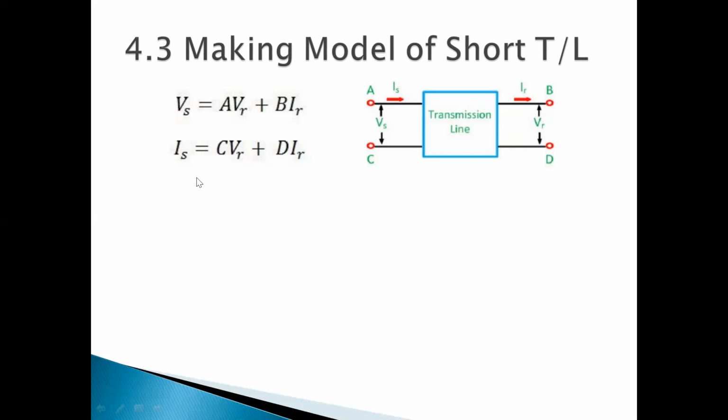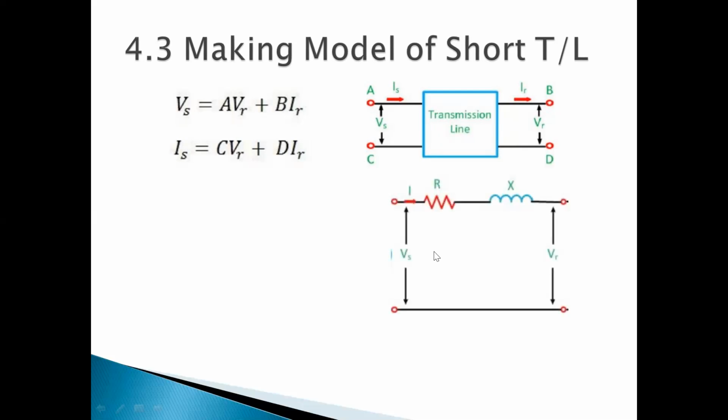But how the equation of this model is like this, I am explaining to you now. So let's see. This is the equivalent circuit of our short transmission line. I have already explained. If we apply KVL over here, we will get Vs equal to... I think you know KVL. KVL says the sum of all the voltages in a loop is equal to 0.